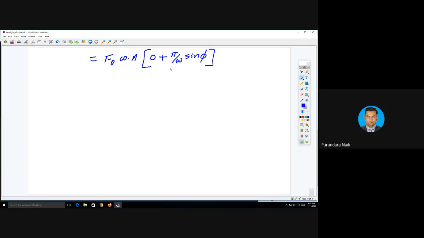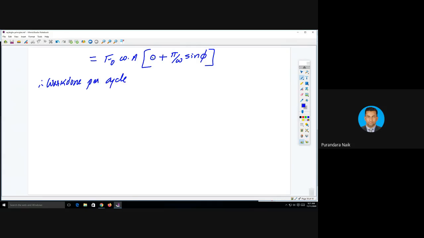This is the final answer. Therefore, for the work done, you can check it, integrate the previous equation, substitute the value 0 to 2 pi by omega, and we'll get the same answer. I have already verified it.